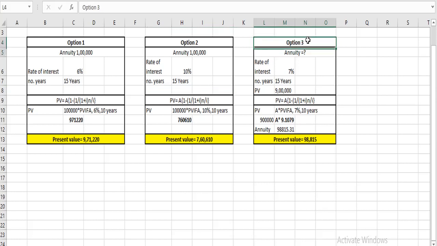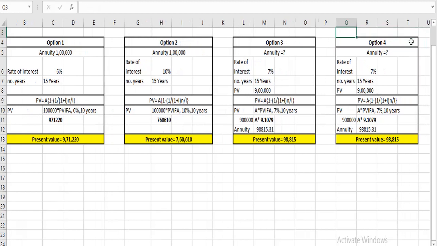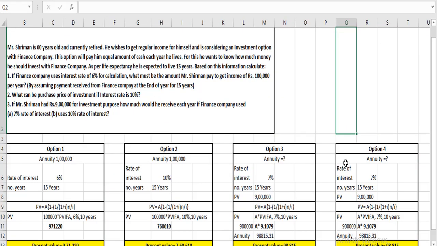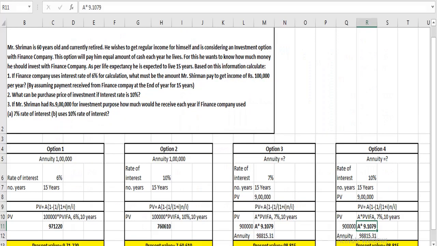And now in option number 4 the same calculation will continue, but instead of 7%, we assume the rate of interest is 10%. So at 10% rate of interest, the present value which we have already calculated is this. Our job is to find the annuity.